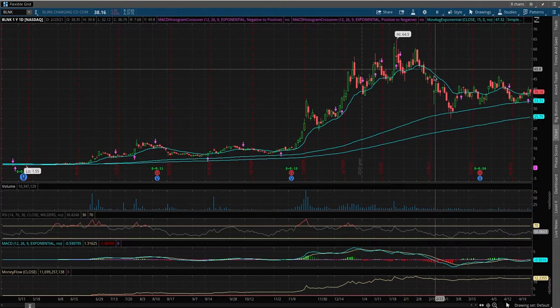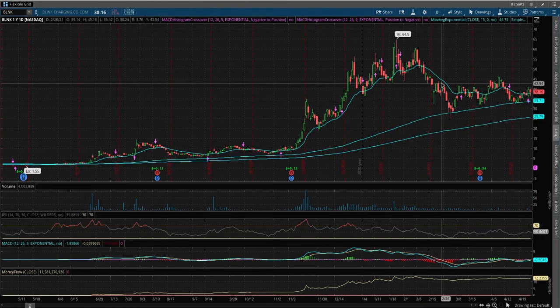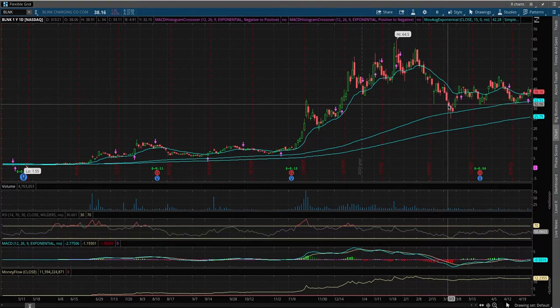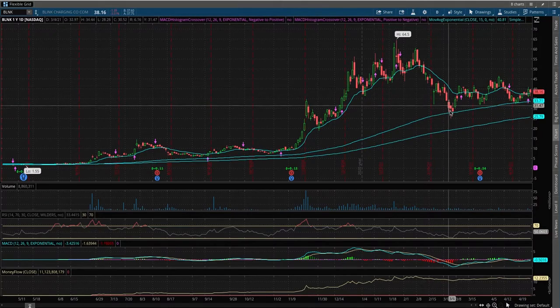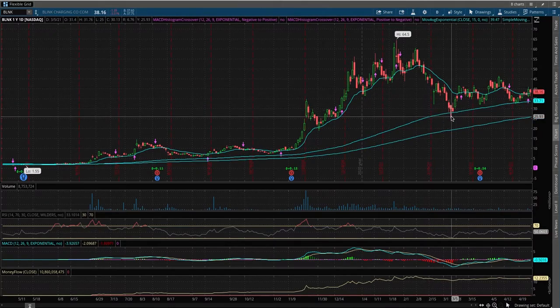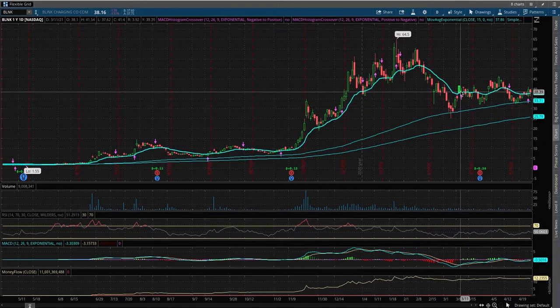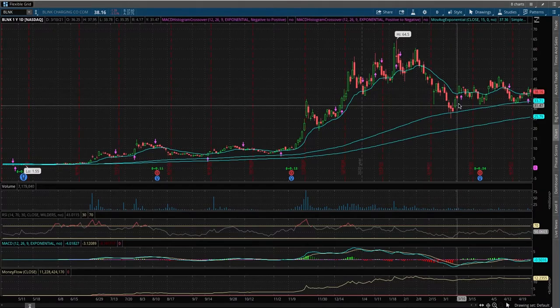Also, you can change the colors so you know which one they are, but I'm colorblind, so I don't. But this kind of acts as like a support, which means it usually can bounce off of this. And we see a reversal off of this moving average right here. It means that it's bullish. Bullish means up, bearish means down. And then it crossed above this one too, which kind of meant bullish.